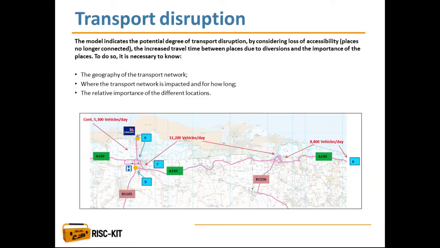For transport services, the model indicates the potential degree of transport disruption by considering the loss of accessibility between places or the increased travel time between these places. The importance of the places are also necessary to consider to weight the potential disruption. So, to do this calculation, it is necessary for you to collect information on the transport network, for instance, and the relative importance of the different locations.